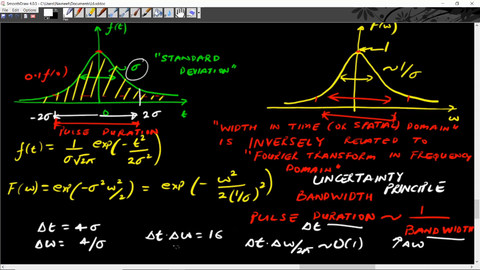So delta omega should be small, and that means I need to acquire signal for a longer duration. So the uncertainty principle says that if you want to have a Fourier transform that is narrow, then you need to have a signal that is broader in the time domain. And if you have a signal that is narrow in the time domain, then the Fourier transform of that signal would be broad in the frequency domain.